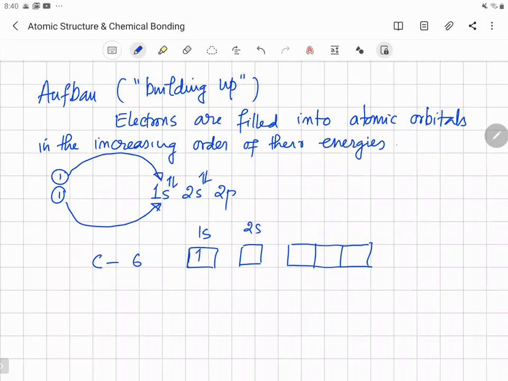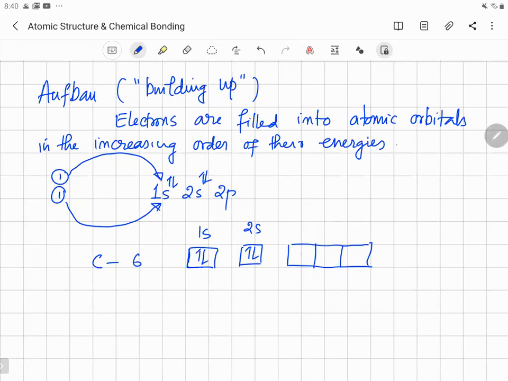The second electron should go to 1s itself, because it has the lower energy and it can accommodate 2 electrons. Now, the third electron should go to 2s. Fourth also should go to 2s with anti-parallel spin. One may be plus half, the other should be minus half.